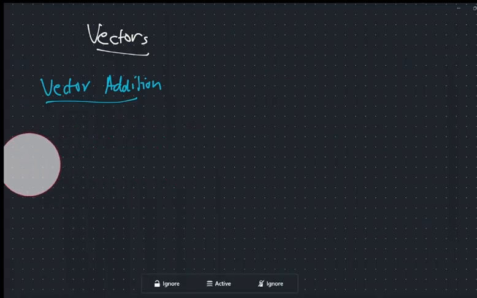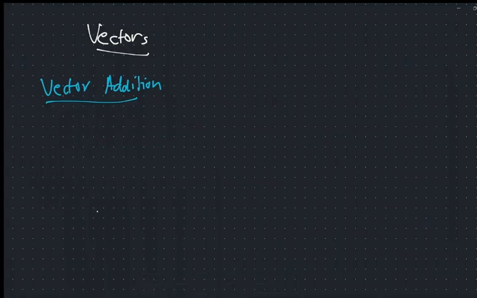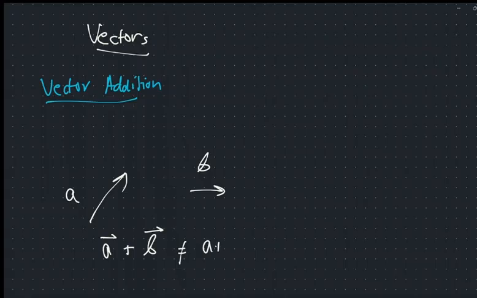However, when talking about vectors, if we have, for example, this vector, let's call it A, and this vector called B, the result of the addition of the vector A and the vector B is not equal to A plus B. It's not equal to their magnitude addition at all, right?